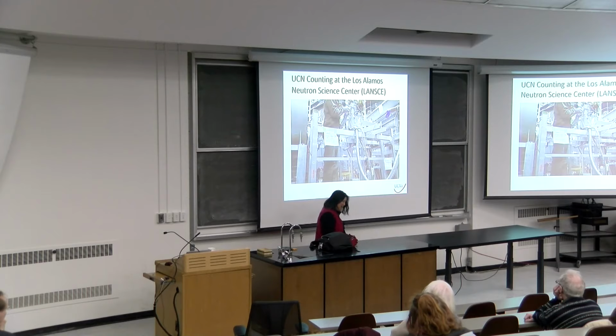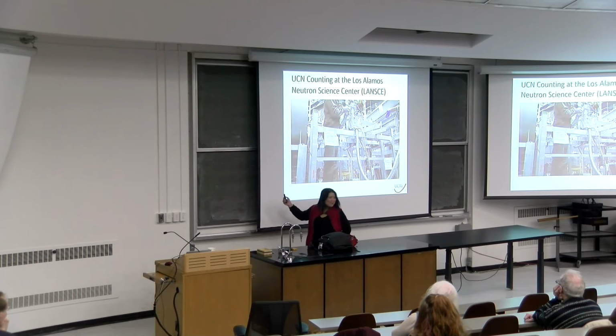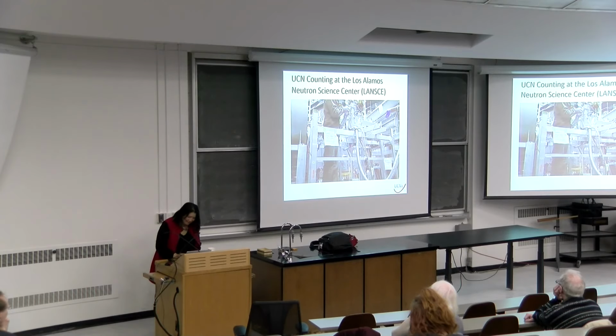Some of the neutrons get captured into this trap, and then Mark physically transports this bottle of ultracold neutrons and dumps it into a detector, which is an ionization chamber. We connect the output current, amplify it, and send it into a light bulb, so you can see the counting of a neutron here.